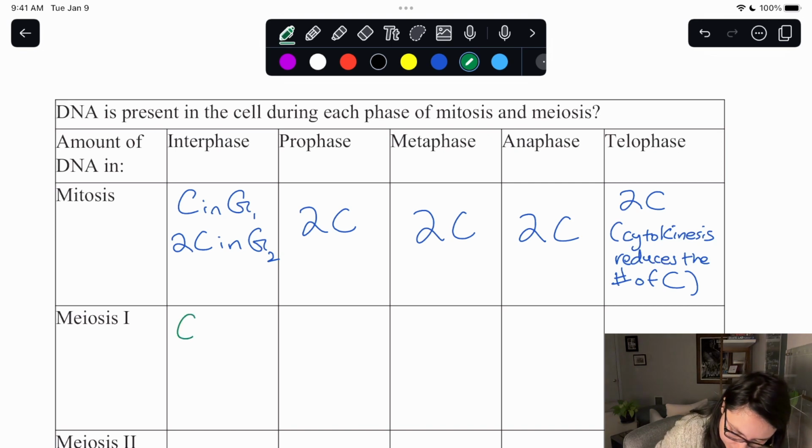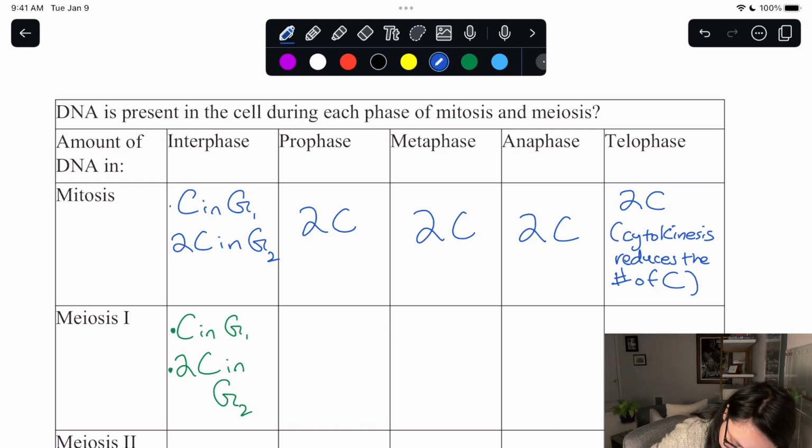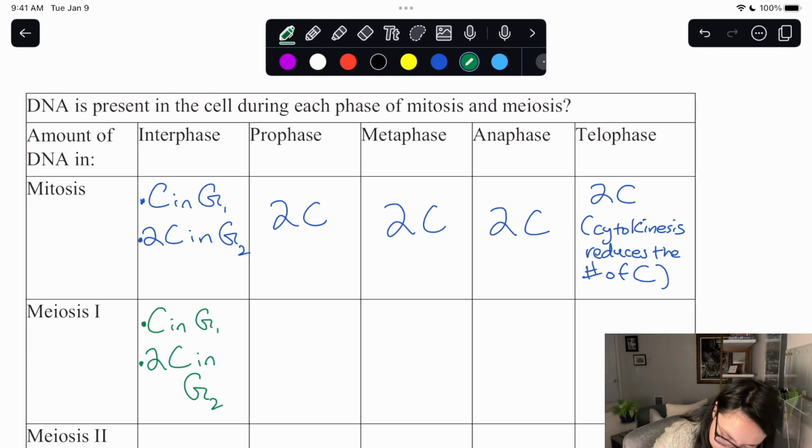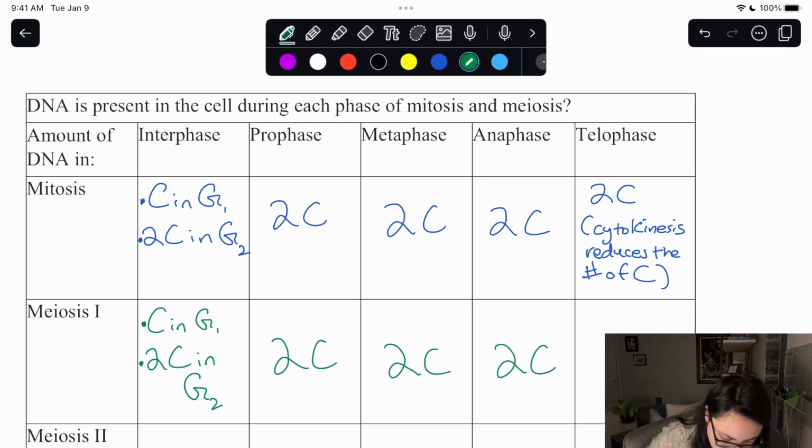You have C in G1, 2C in G2. And I'm just going to make this as bullet points because if I don't, I'm going to be confused. So it makes my life a little bit easier. Hopefully it does for you guys too. Everything is going to be about the same. You have 2C, 2C, 2C, and then 2C.